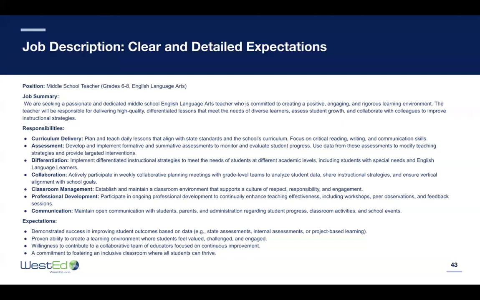Now that we've explored the importance of a detailed job description and the impact it can have on your hiring process, let's take a look at a well-defined example. Take a moment to read through this job description and see if you notice any key differences from what we've discussed.